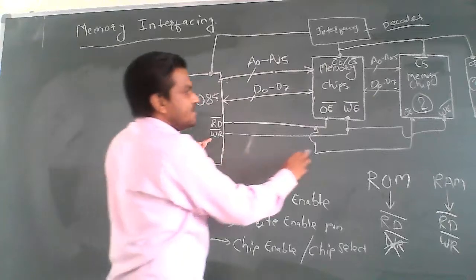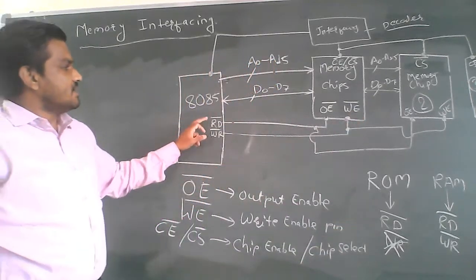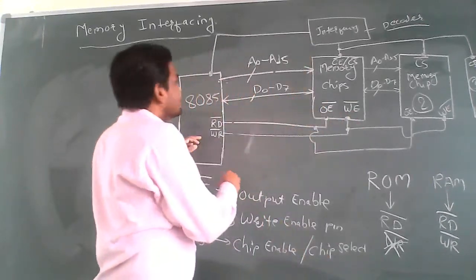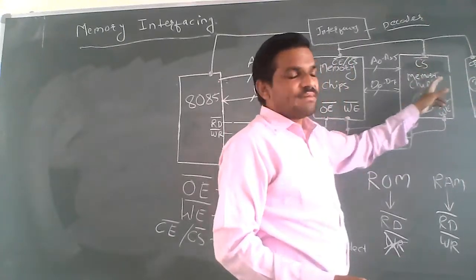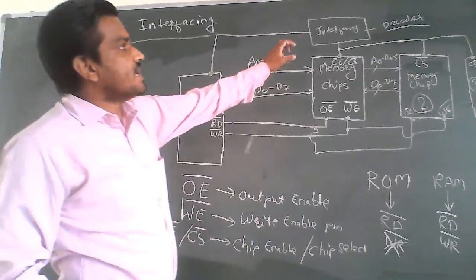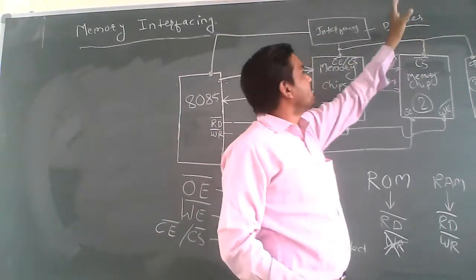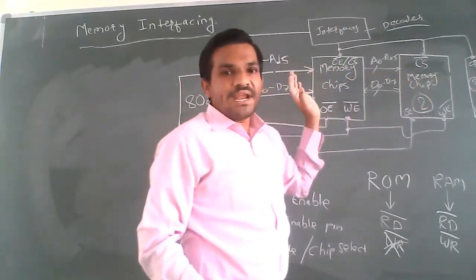WR bar is connected with WE, your write enable bar. Then we have another pin, CS bar, that means your chip select pin or chip enable pin, which will be connected from the interfacing circuitry like an AND gate, OR gate, or decoder circuitry, and which will select the appropriate chip.